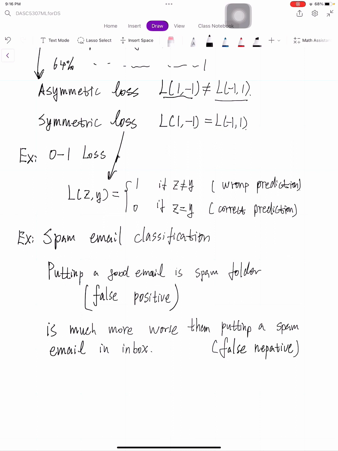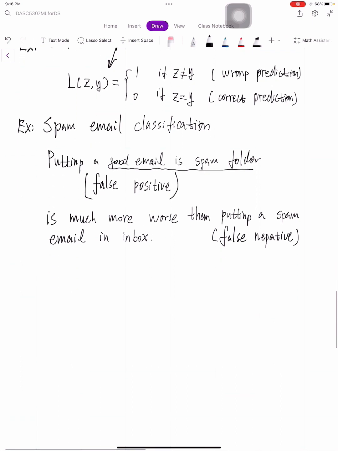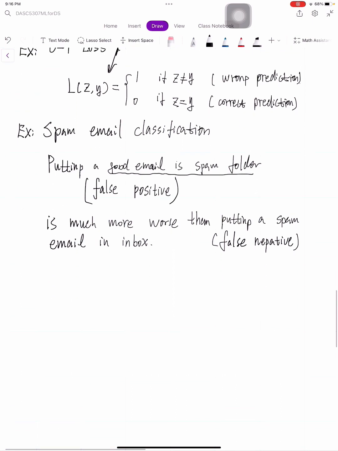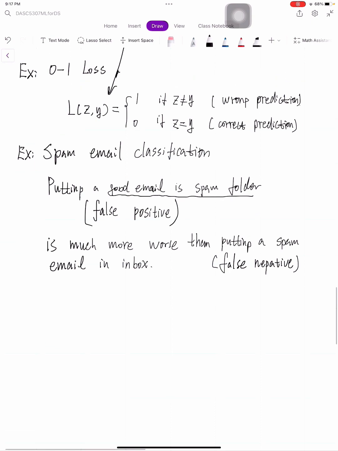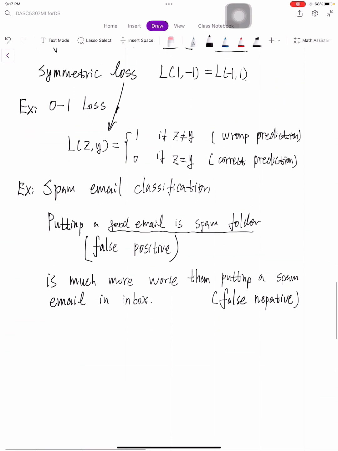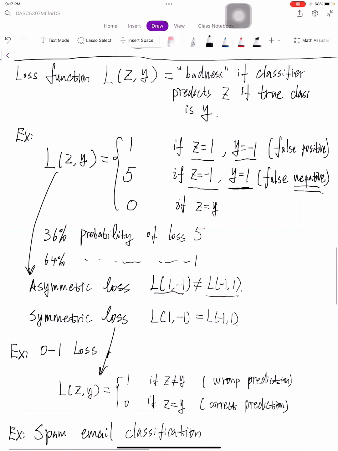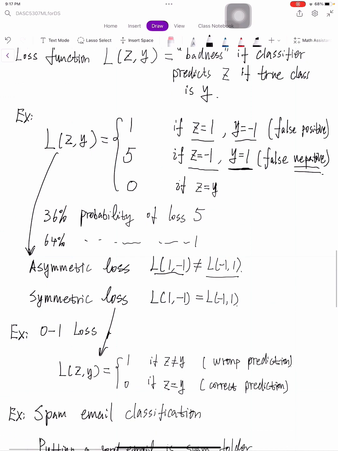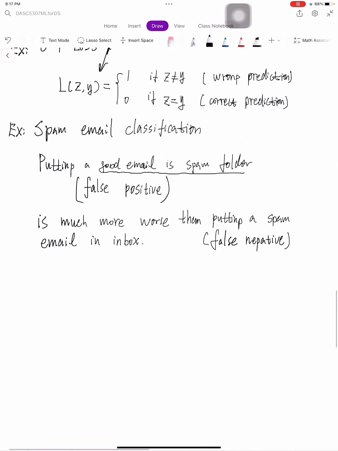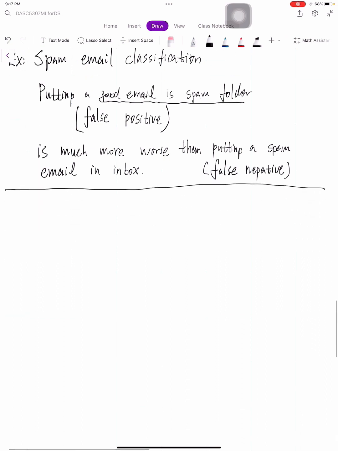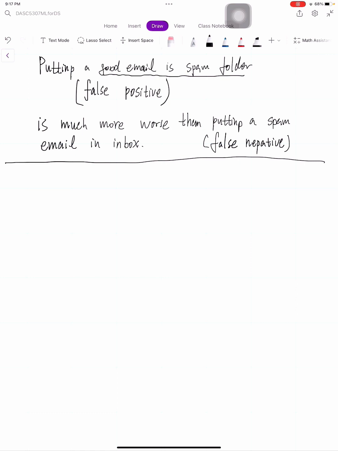If you have a false negative email, you just delete it. But if you put a good email in the spam folder, you miss important information. So in this case, maybe the false positive will give larger loss than the false negative. So that's about the loss function.